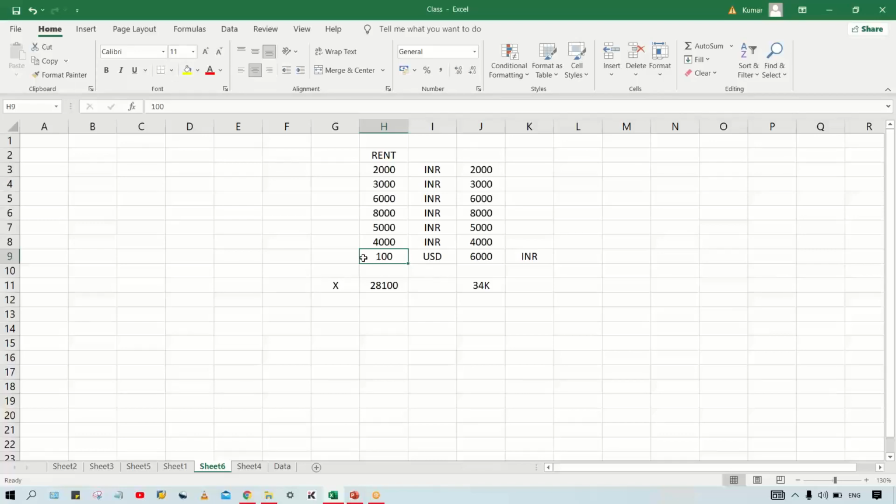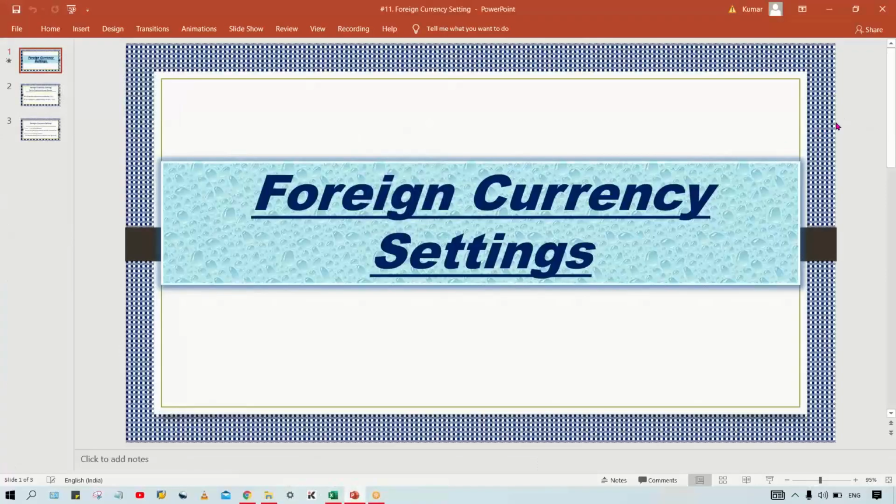No matter whether you post the transaction in USD or Euro or GBP or AUD, Australian dollar, or CAD, whatever it is. So guys, how is it going to happen? It's pretty simple. For that, we have to do certain configurations.